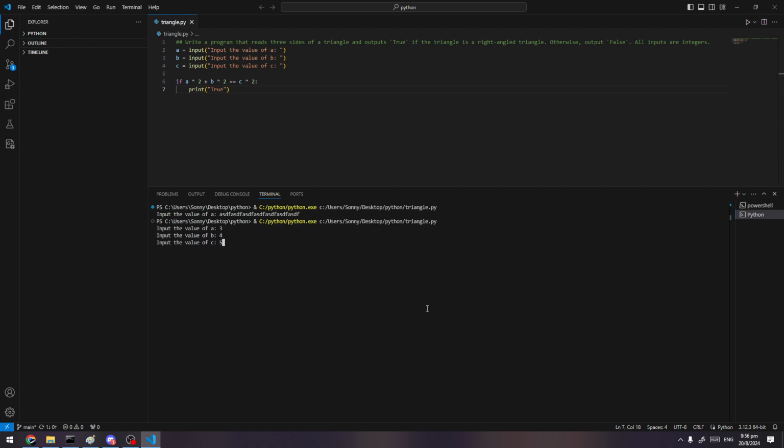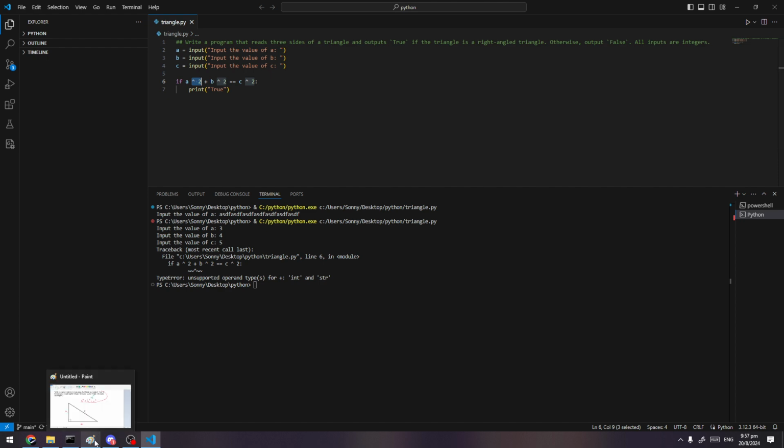Let's try it out with 3, 4, 5. Okay, you get an error here. What's the error? In the if statement with a square, b square, c square, it's a type error: you cannot use plus for int and str. So there are two problems here. First, you don't write squares like this in Python, or in any computing language.